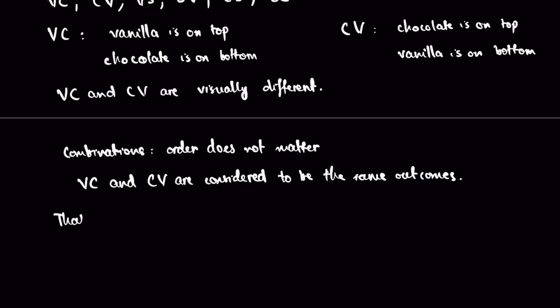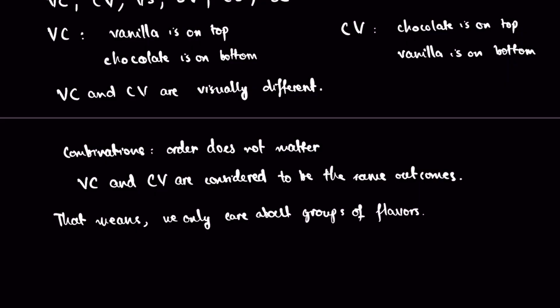So we only care about groups of flavors. And there are only 3 groups of flavors, or 3 combinations of flavors, in this particular scenario. The first group is vanilla and chocolate.